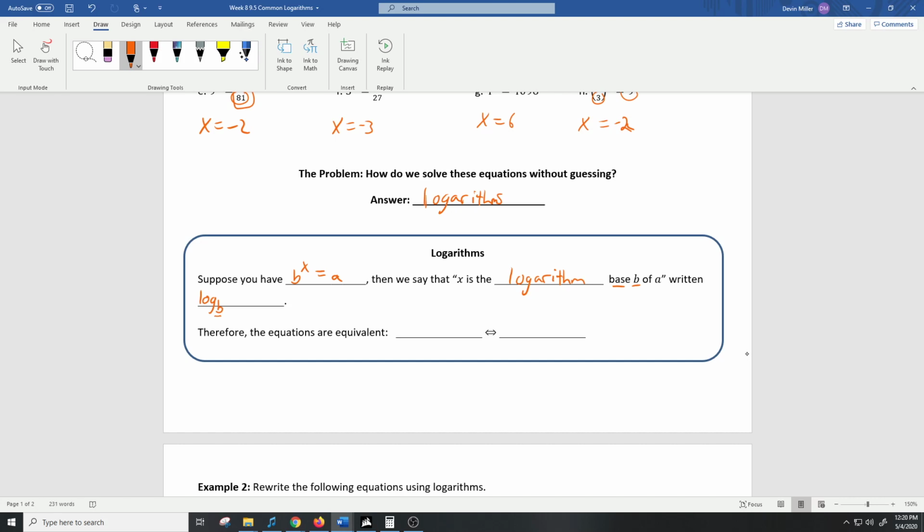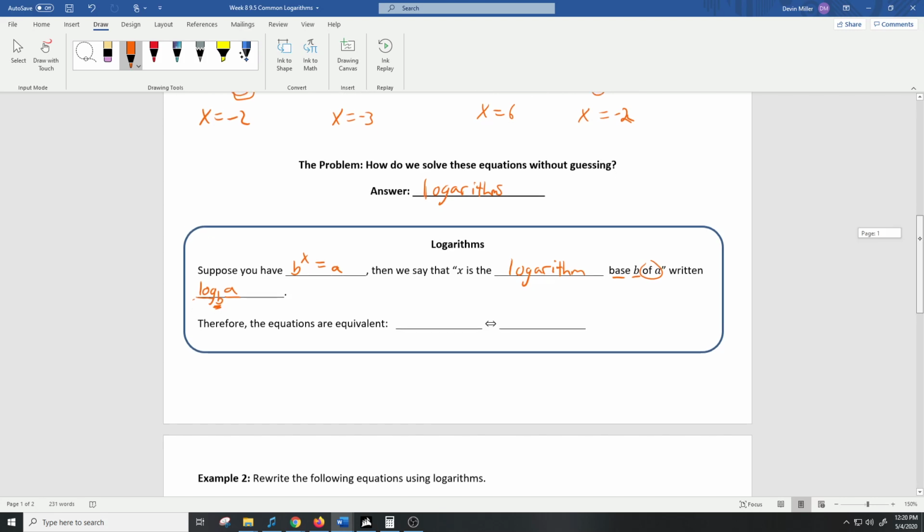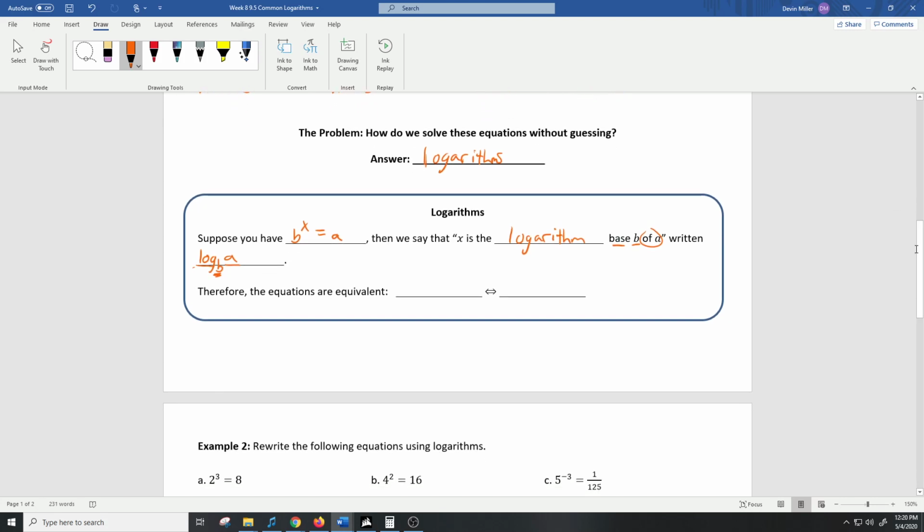Log base B. And then where it says of A, that actually goes back to the same level as the log and write A. So log and the A are on the same level when you write it. The B is kind of a smaller, kind of like an exponent, but it's on the bottom. It's below the log and below the A. It's kind of weird. You have to practice writing it correctly because you've probably never written something like this before.